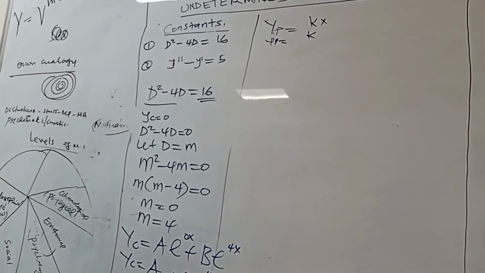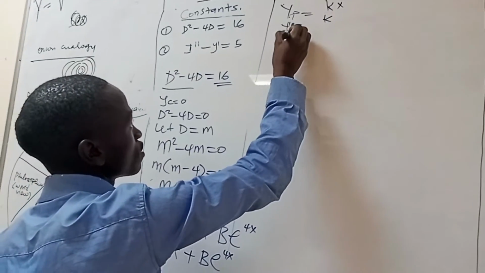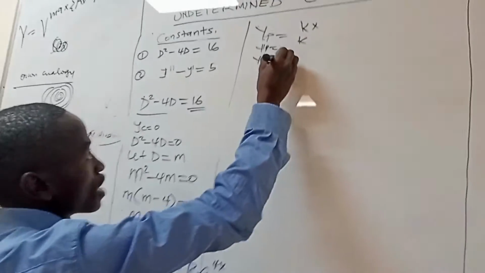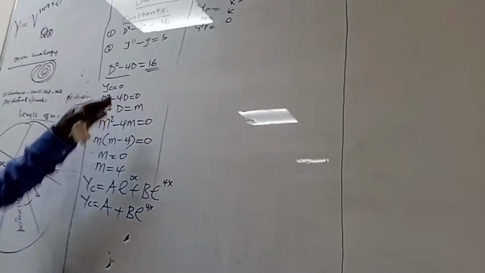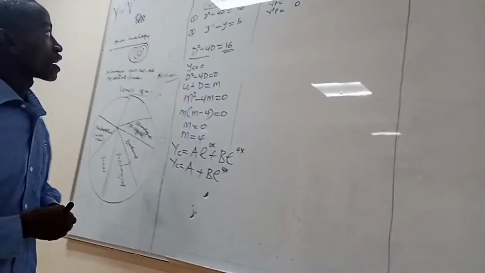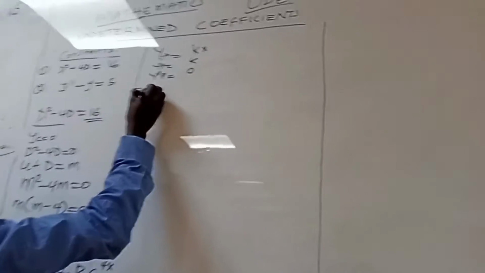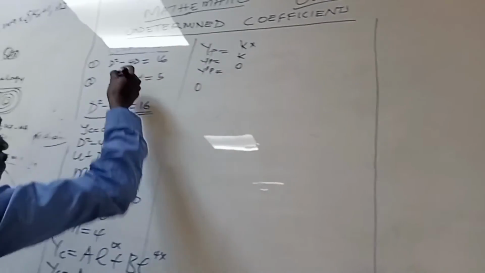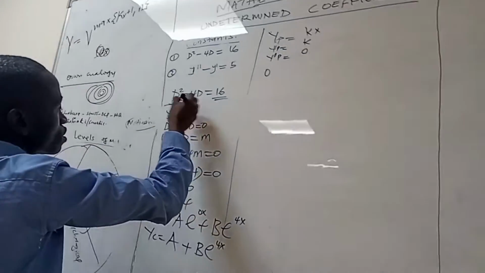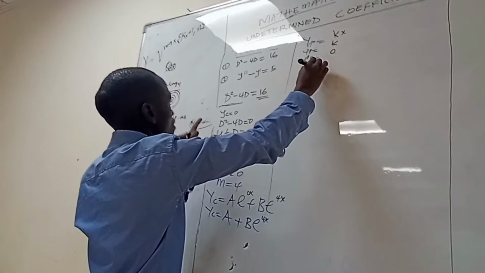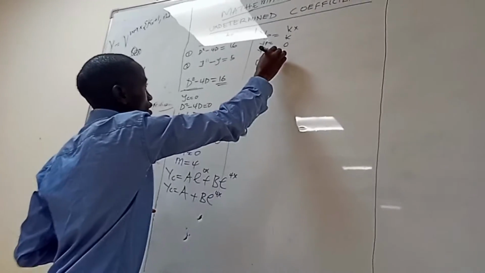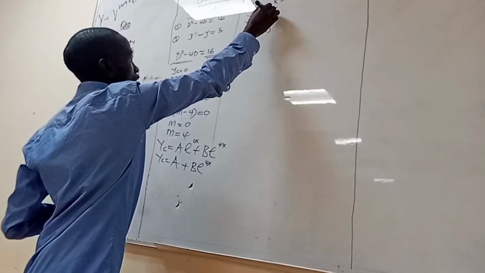Then the second derivative of this, if we differentiate the constant, you always get 0. So just take this now, you replace it in your equation the way it was: the second derivative is equivalent to 0, so that one is 0, minus the first derivative, 4 into k.